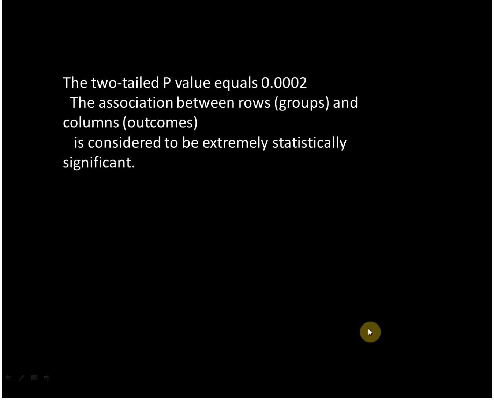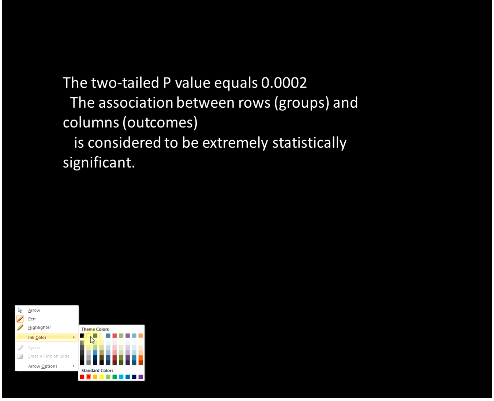Now we got that the two-tailed p-value, in this case, equals 0.0002. And the message that we get is that the association between the rows and the columns is considered to be extremely statistically significant. So what does that mean?